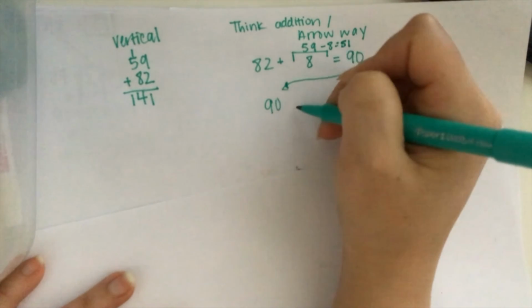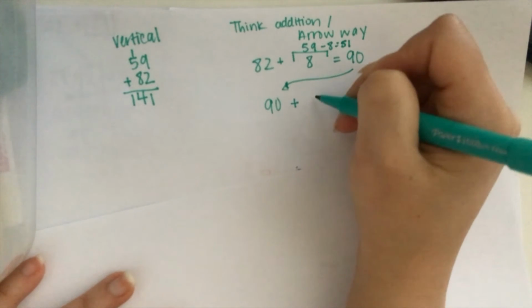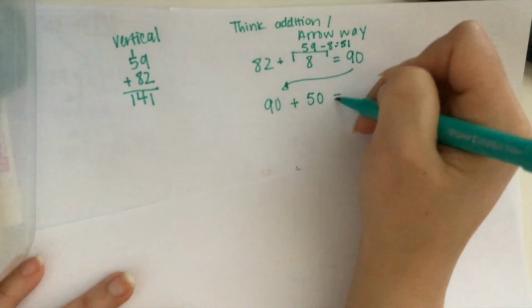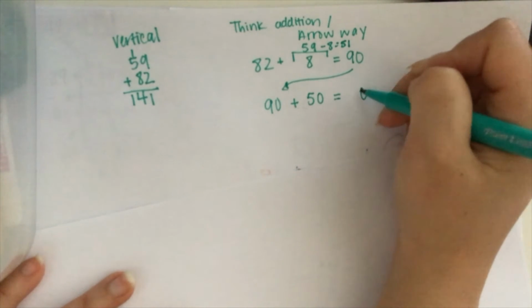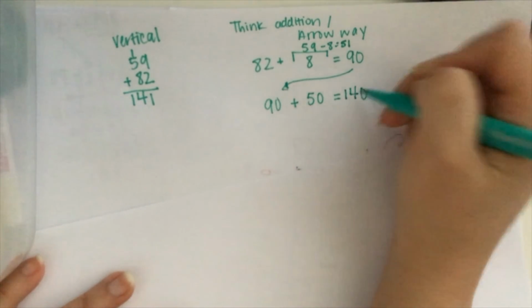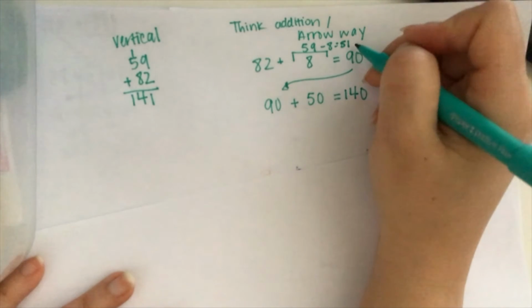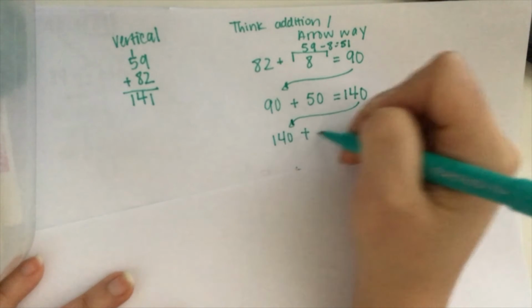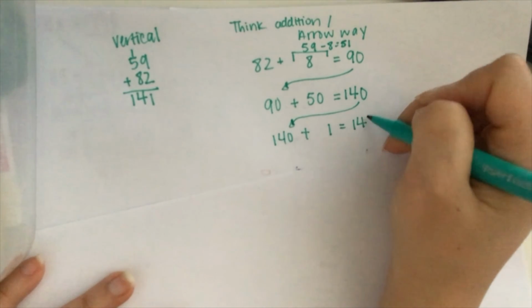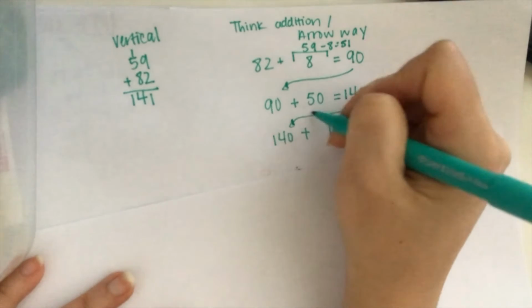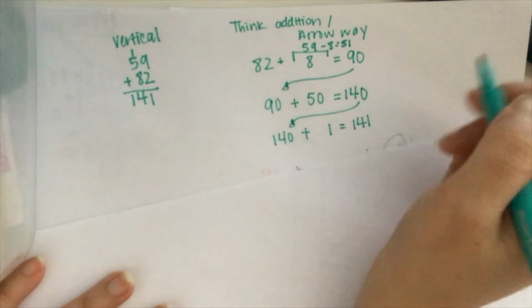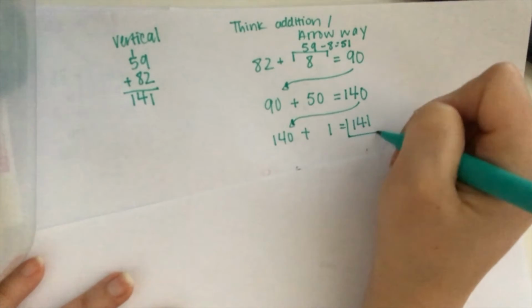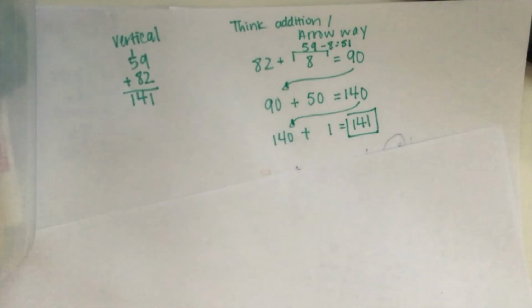Thinking, okay, now from there, I can actually do plus 50, which would get me to, and then you would have 1 left, so then you would add that 1. And if you're not sure of this, you can even go in tens. But right now, that would be our answer.